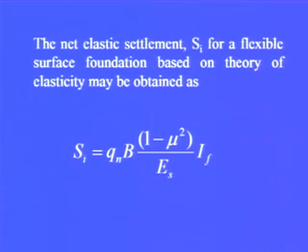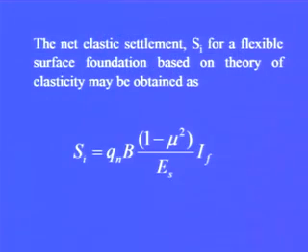Now, here Qn is the net load intensity at the level of the foundation, B is the width of the foundation, that is flexible foundation, then mu is the Poisson's ratio of the soil, and for different types of soils in different conditions different values have been suggested, or otherwise we can determine this value by triaxial test in the undrained condition.